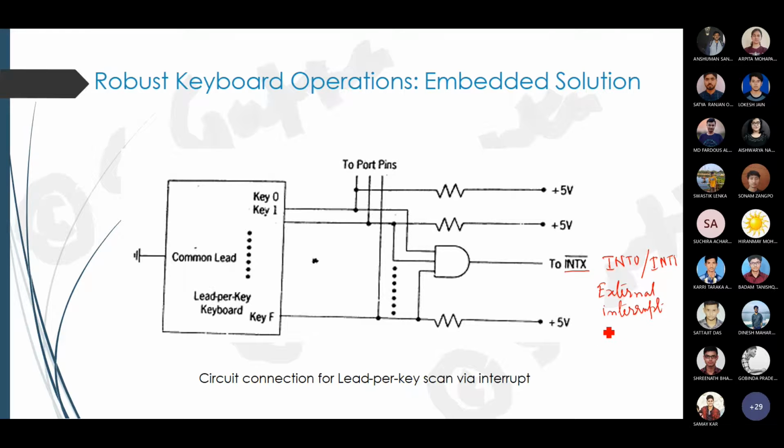So where are these? Which port? In P1, we have this one, right? What is this? This is an AND gate. Now, if there is no key press, what is this voltage level? All are 1, so it will remain 1 for no key press.